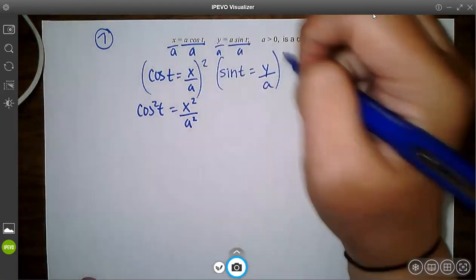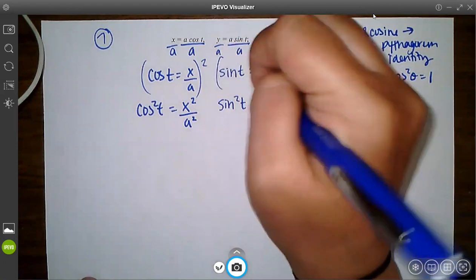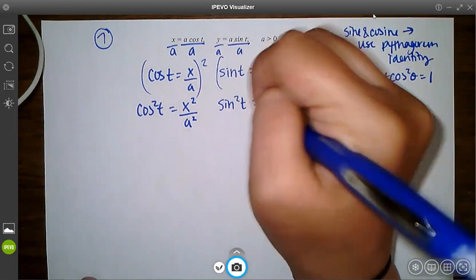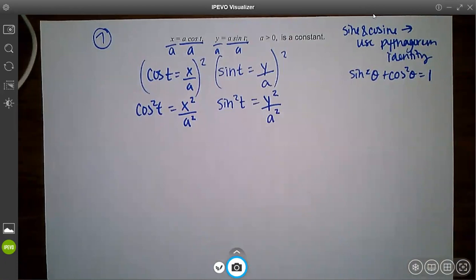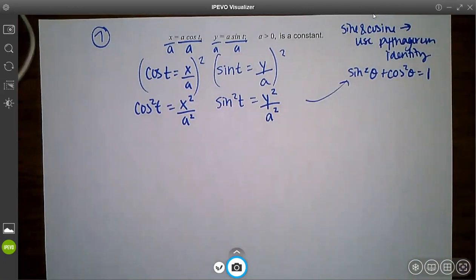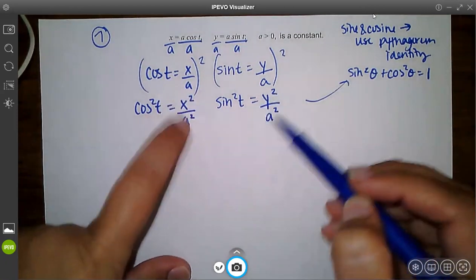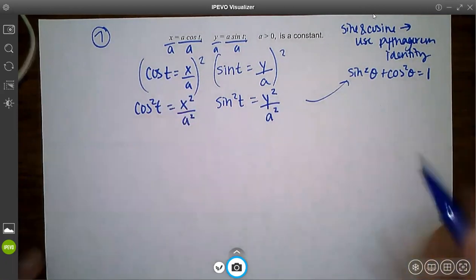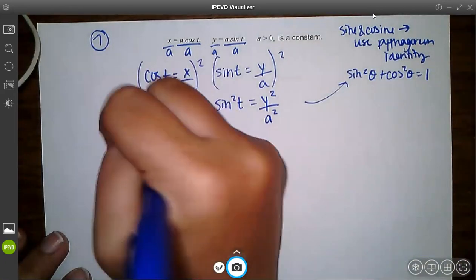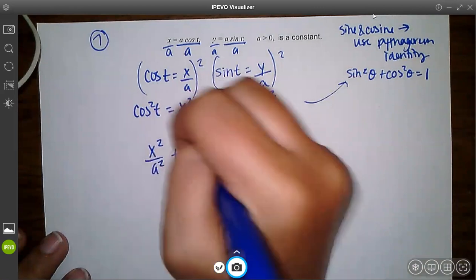Then I'm going to square it again. So I have the sine squared of t equals y squared over a squared. Now I can use this and set up an equation. Since this is true, the sum of these two things also has to equal 1. So x squared over a squared plus y squared over a squared equals 1.